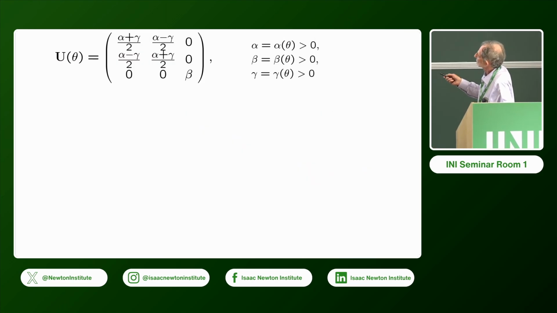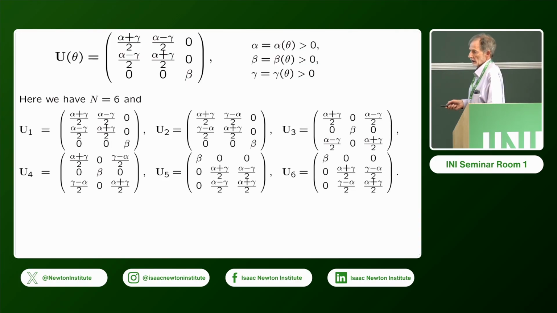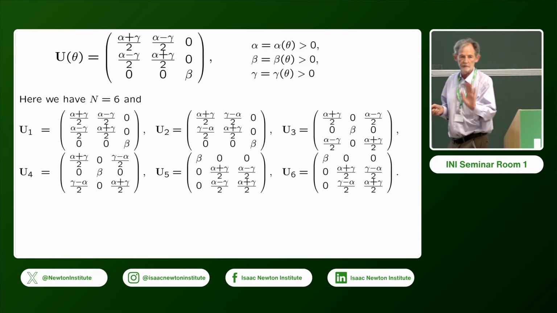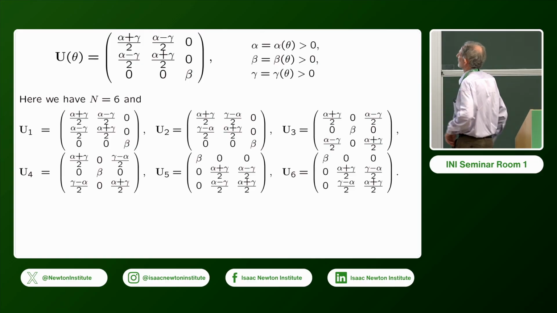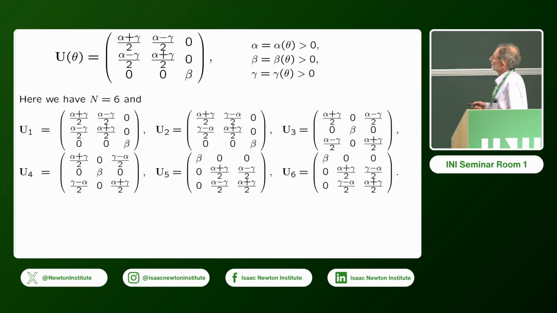So there's the transformation: beta in one direction, and then alpha and gamma in the perpendicular face-diagonal directions. Alpha, beta and gamma depend on theta, and they're positive. Here N is 6, which divides 24. Here are the 6 variants. Two of them have beta in the 3 slot, 2 have it in the 2 slot, and 2 have it in the 1 slot, and for the others you just swap alpha and gamma.